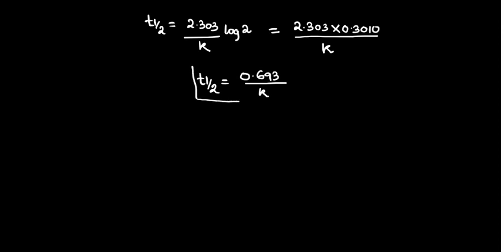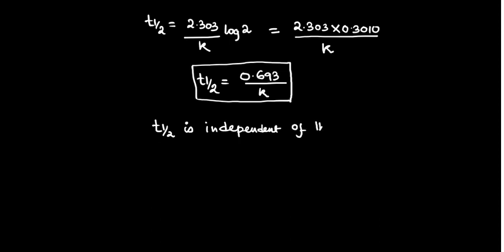Now if we look at the expression, 0.693 is a constant and k is the rate constant. So there is no term A here. So t half is independent of the initial reactant concentration.